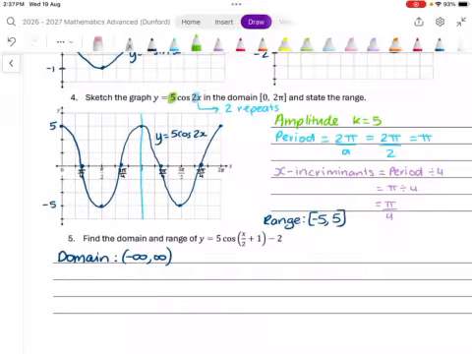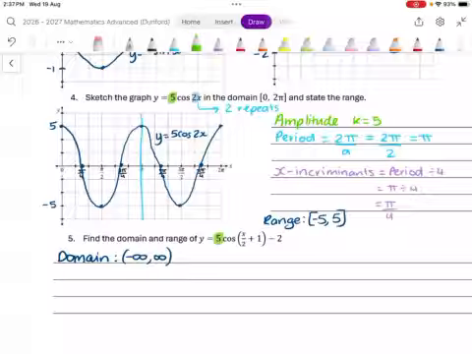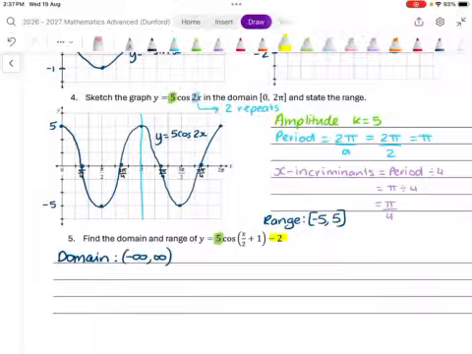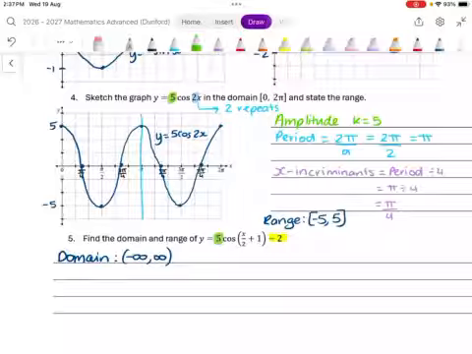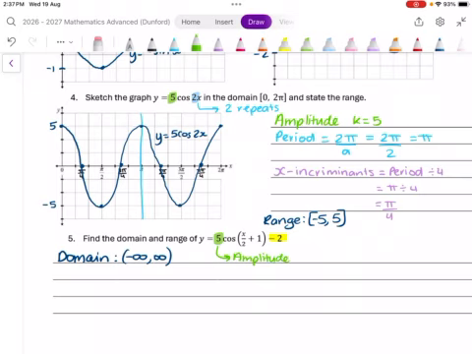Now, what we need to identify for our range is our y transformations. So our y transformations are our amplitude and our center. So what we'll have is that our amplitude is equal to 5 and our center is equal to -2.